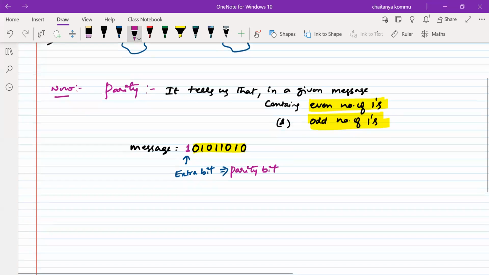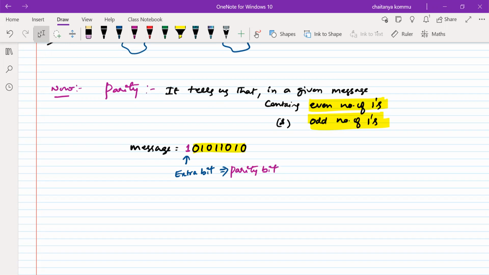So at the receiver end, you can say, okay, I am sending an even parity message or an odd parity message. You check that and identify the message. If you find that I originally sent even parity information, but you find odd parity, that means you did not receive the right information.